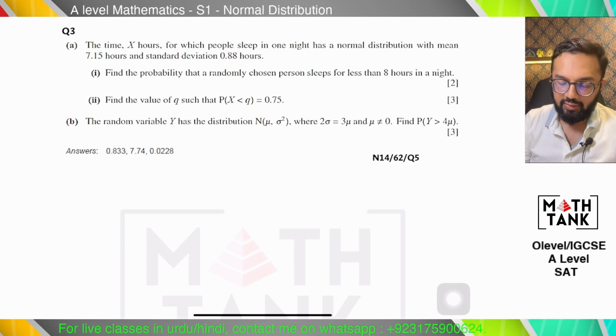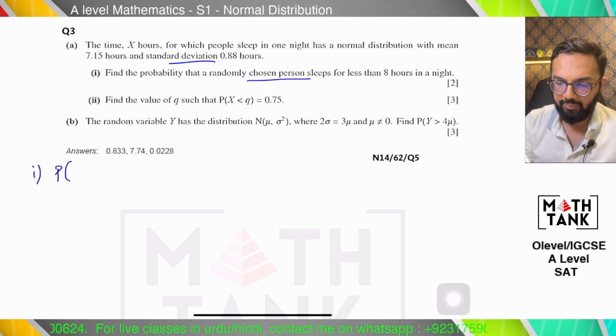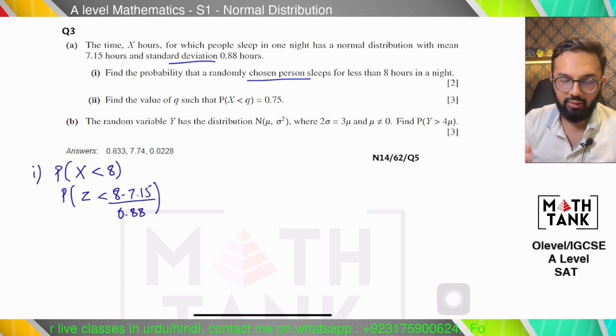Question number 3. It says the average time for which people sleep at night has a normal distribution with mean this and standard deviation that. Find the probability that a randomly chosen person sleeps less than 8 hours a night. So x is less than 8. Z is less than 8 minus 7.15 divided by 0.88.